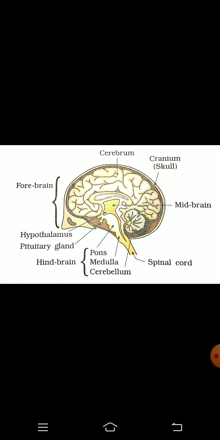So this is all about the three main parts of the brain. First is the forebrain, which consists of the cerebrum. Pronounce it properly, it is cerebrum. Then the midbrain, and third is the hindbrain, which consists of the cerebellum, medulla and pons. So this is all about the human brain.